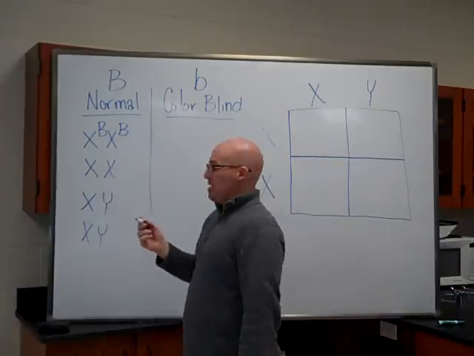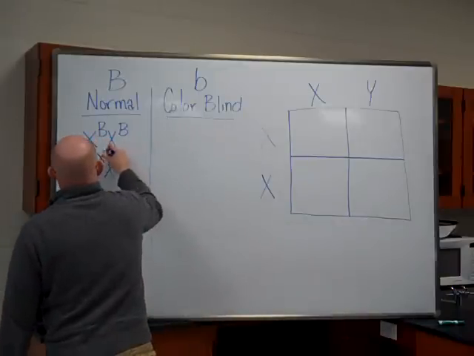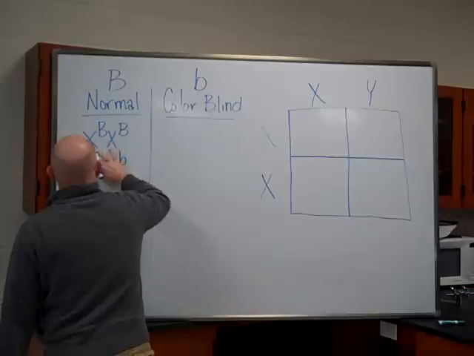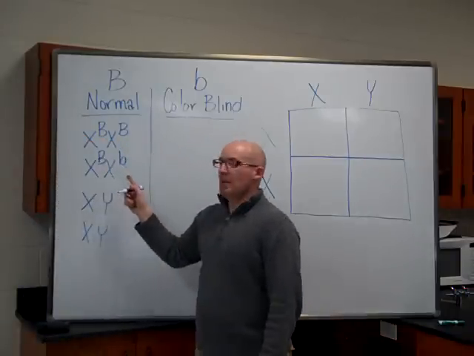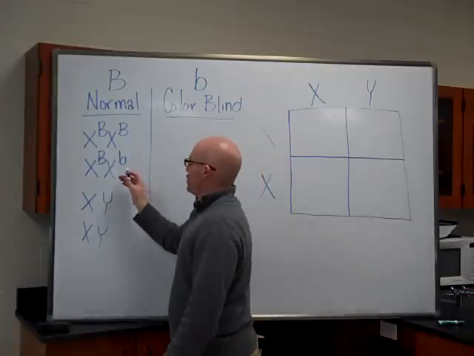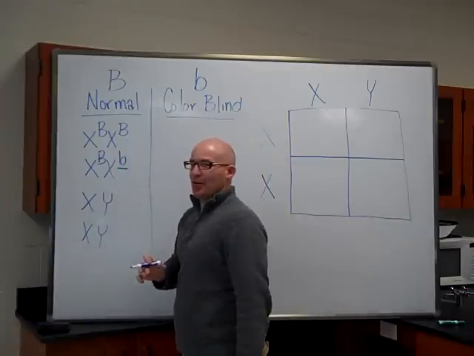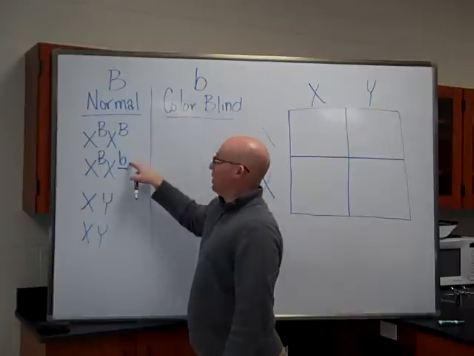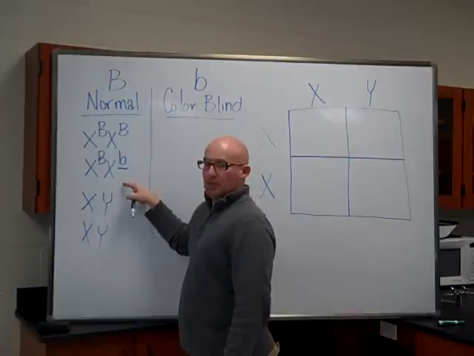She could also be X big B, X little b. What we call this is a carrier. She's carrying the colorblind allele, but she has normal color vision.